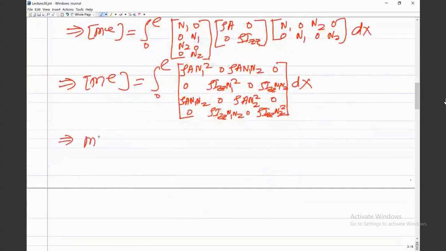And so now if you integrate this, you will get the mass matrix for the Timoshenko beam element. We are deriving this from the shape functions, so it's a consistent mass matrix that we are talking about.